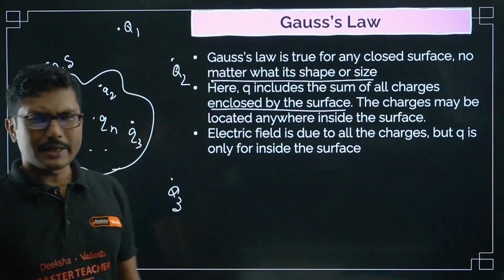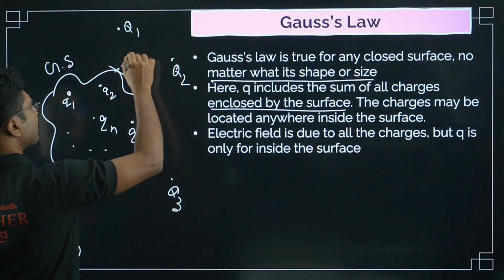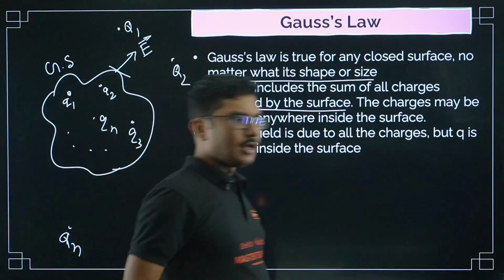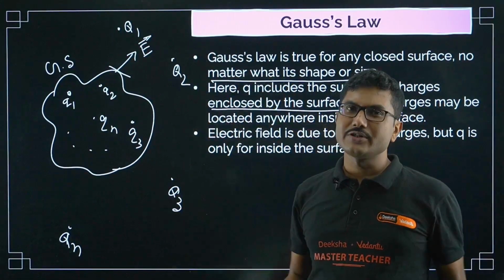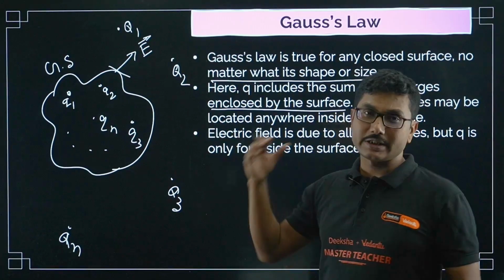It is possible, right? So when we say electric field, suppose this is the electric field at this point. What is electric field? We have studied that electric field due to a charge distribution is the sum of all the electric fields due to all the charges.